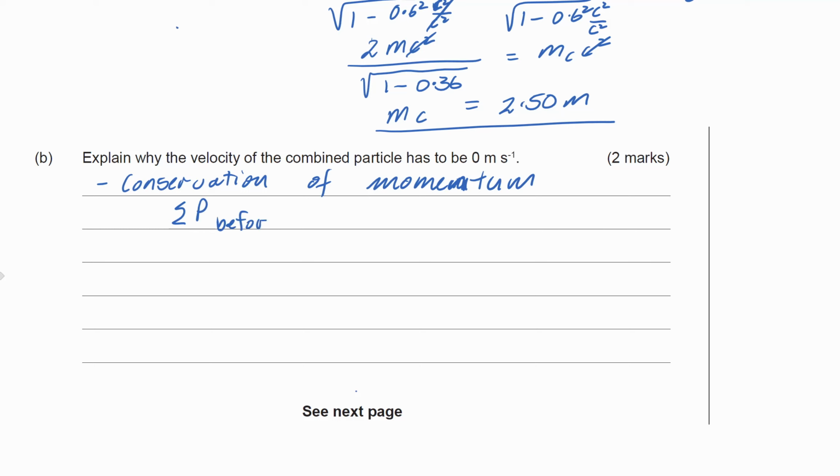Sum of P before must equal the sum of P after, and that's just that idea about that elastic collision that I mentioned before. And then you know that it's going to be m times v before is equal to m times v after.